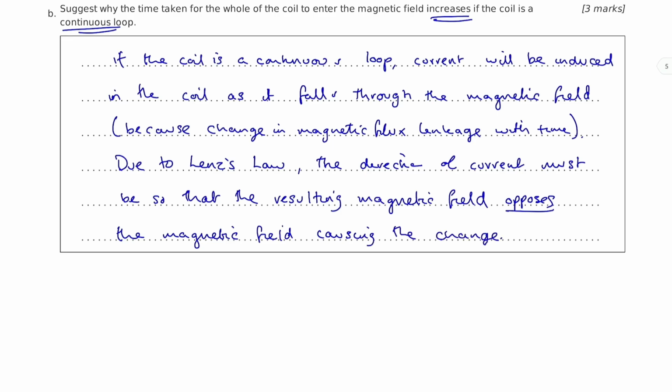That means there'll be two opposing magnetic fields and it will slow the coil down.